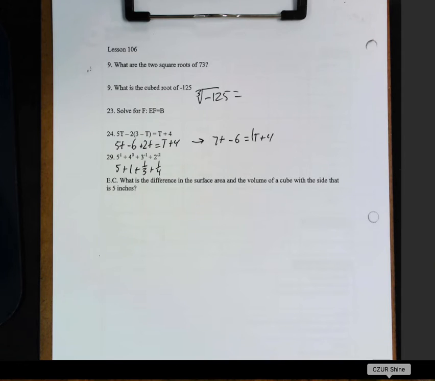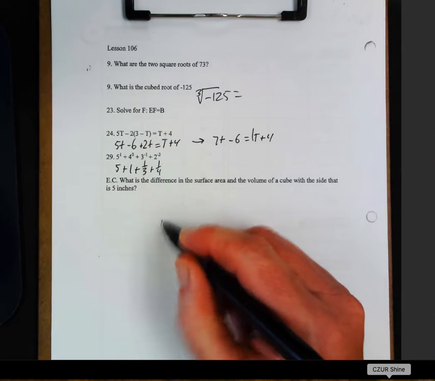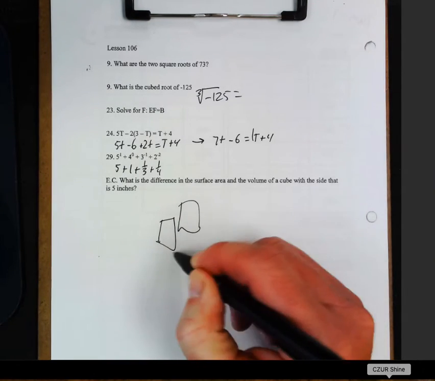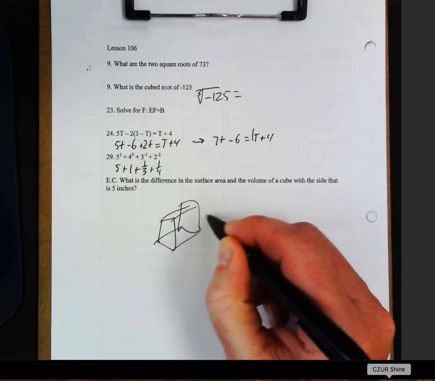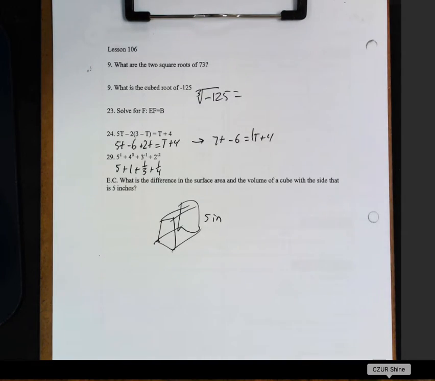Extra credit says, what is the difference in the surface area and the volume of a cube that has sides of 5 inches? So if this is 5 inches, how do I find the volume? So 5 times 5 times 5. How do I find surface area? How do I find area?